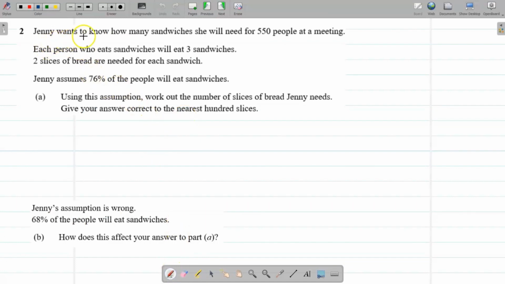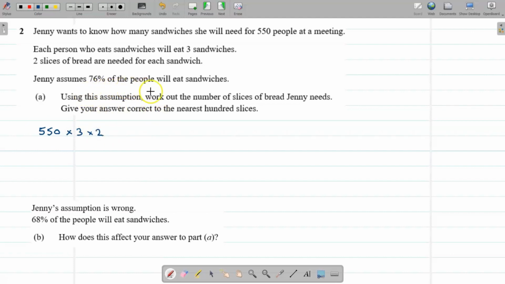Okay, we just got to be careful to write down the full calculation. So we have 550 people, and each one has 3 sandwiches involving 2 slices of bread for each sandwich. So we would start by writing down 550 people multiplied by 3 sandwiches multiplied by 2 slices of bread.